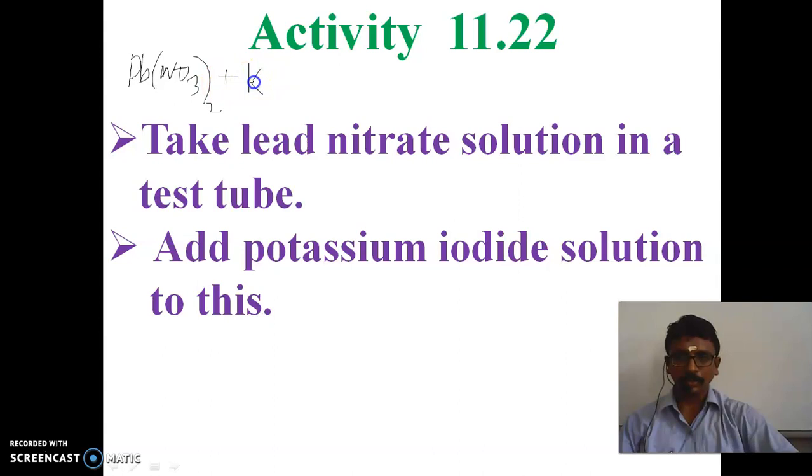The formula for potassium is K, and its valency is +1. The formula for iodide is I, and its valency is -1. So the potassium iodide formula is KI.